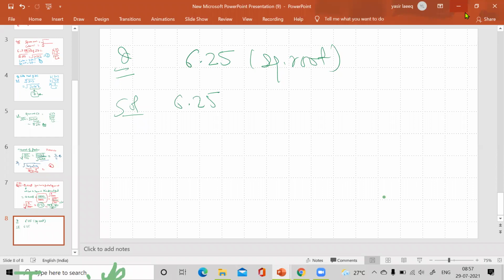6.25 is your question. How will you do it? First, how many times do you have to multiply to remove the decimal place? 2 zeros are there in the numerator, so 100, and in the denominator you have the same thing.